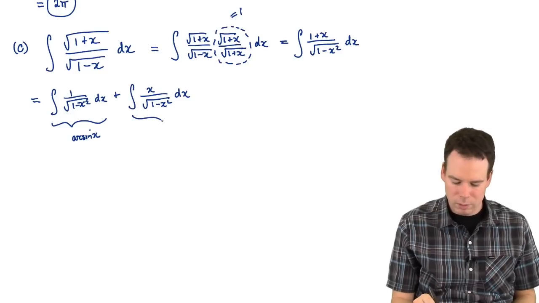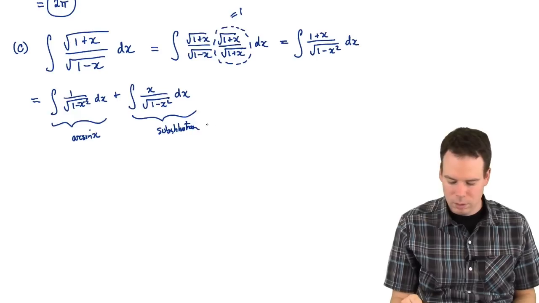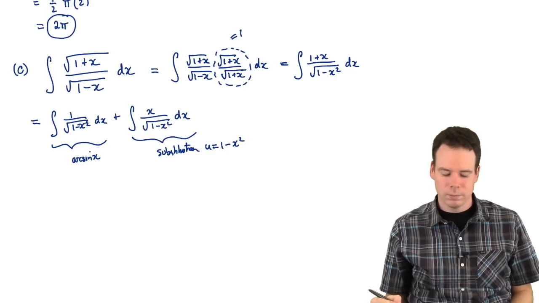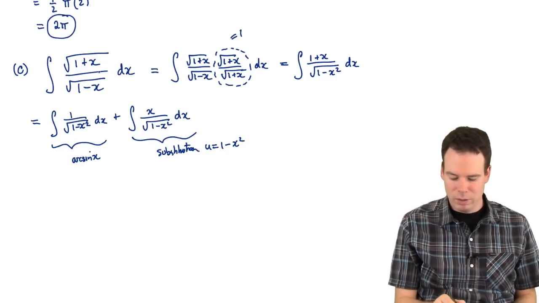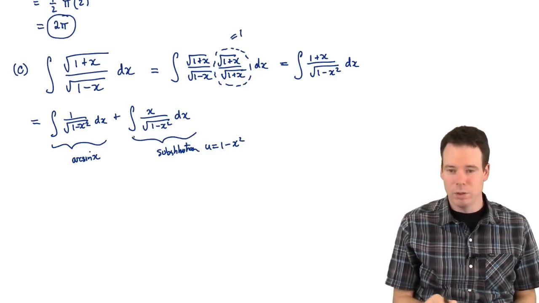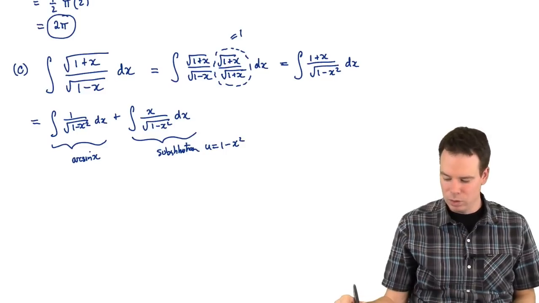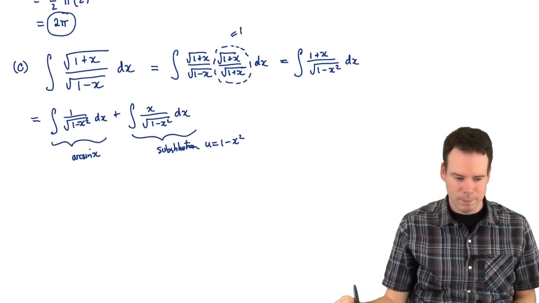But what about here? Well, this would be a substitution. Something like u is equal to 1 minus x squared. And I'll leave it here for you to finish the details off. The point is that we've made some progress, and now we got two integrals that we know how to deal with. The second one being just a straight substitution.